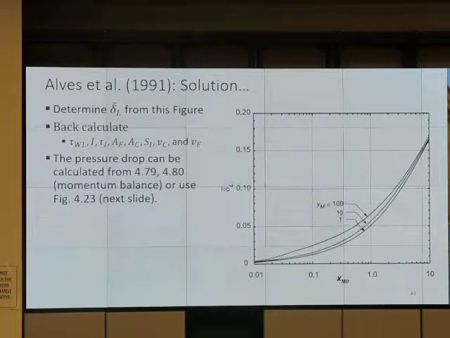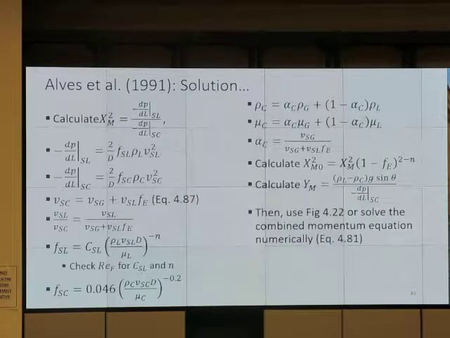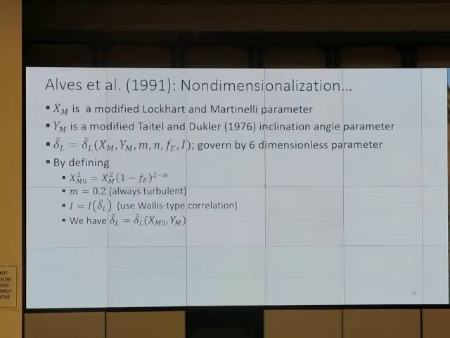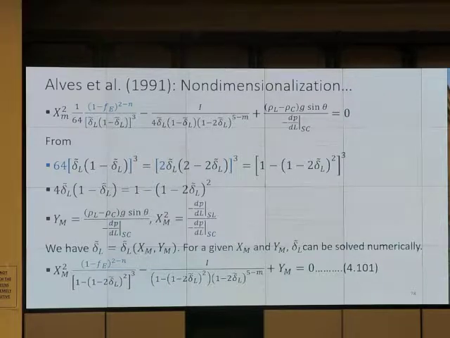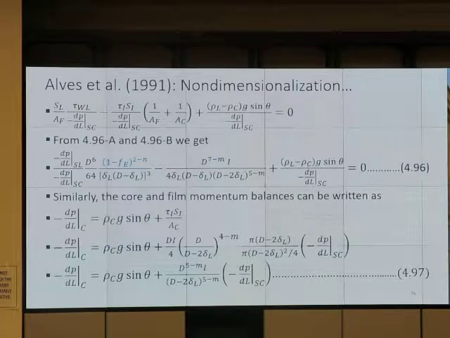Here, 104. Okay, change to 104. Oh, I don't have 104 over there. Okay, 104 is to change from xm square to xm0 square. So you already include that f sub e.